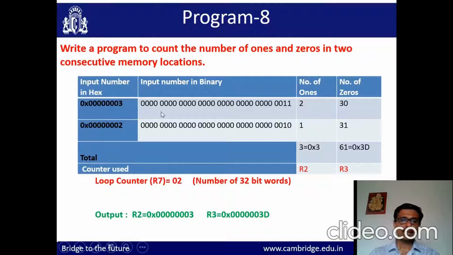We count the number of ones and store it in register R2. Similarly, we store the number of zeros in R3. So R2 acts as the number of ones counter and R3 acts as the number of zeros counter. R7 is the loop counter.